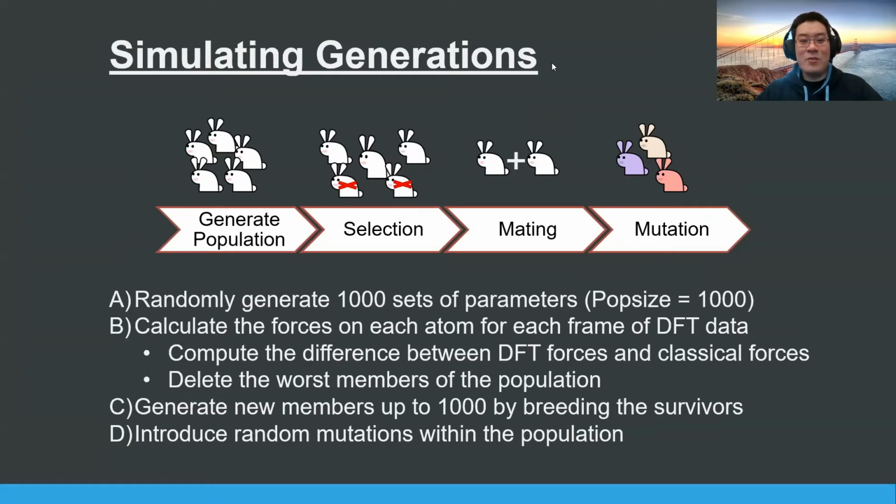Then you generate new members. You replenish this population back up to 1,000 members by breeding the survivors, and you'll generate new populations or new generations, right? You can also introduce random mutations within the population.